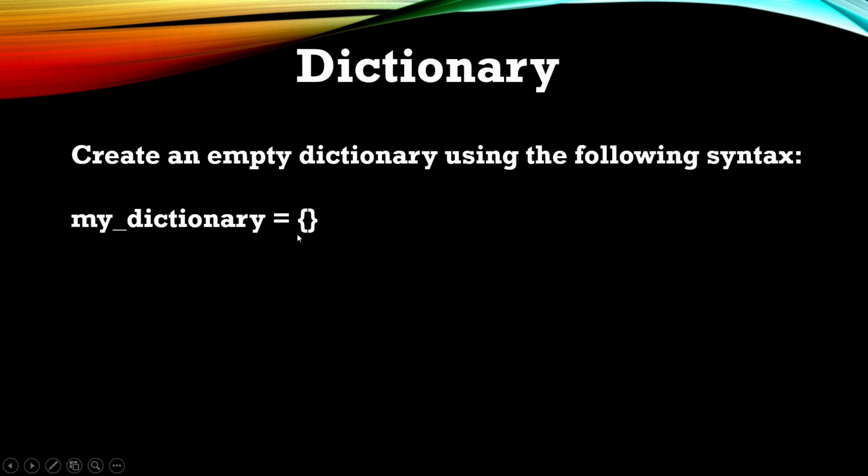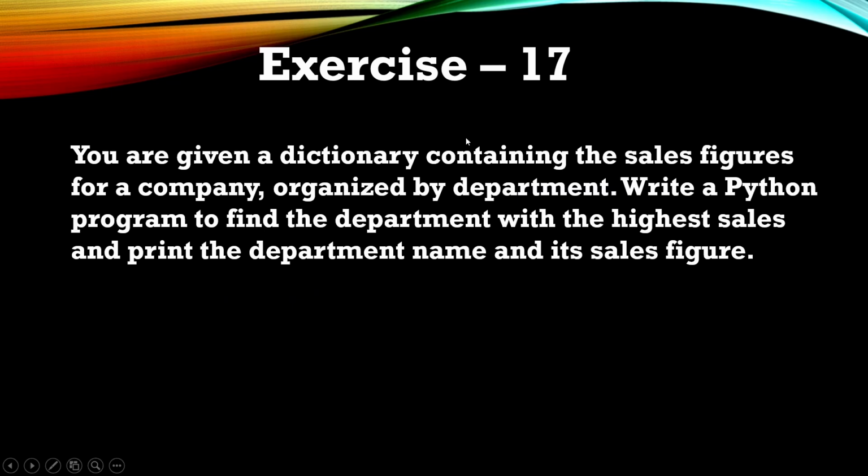If you want to create an empty dictionary, you can use the following syntax: my dictionary equal to curly braces. For creating an empty list we use square braces, and in a dictionary you have to use the curly braces. So let's solve our exercise.